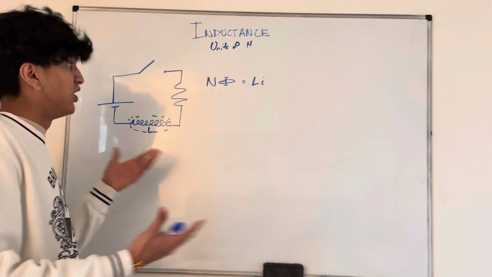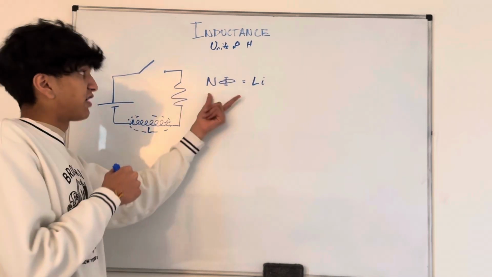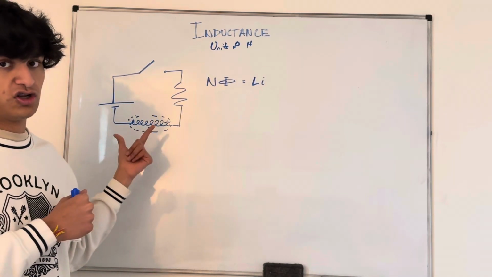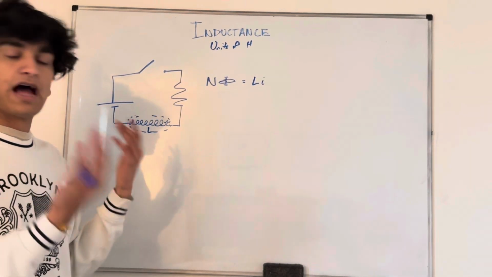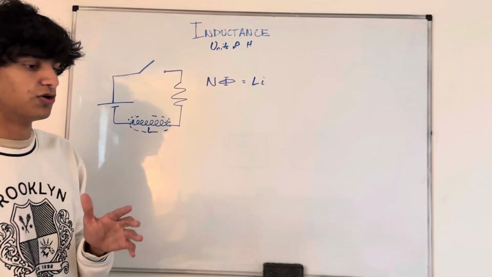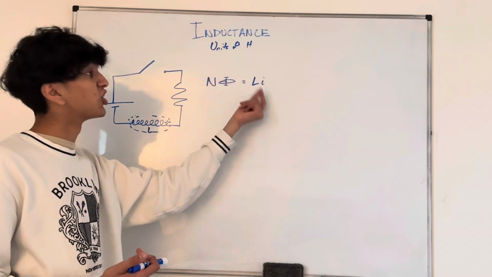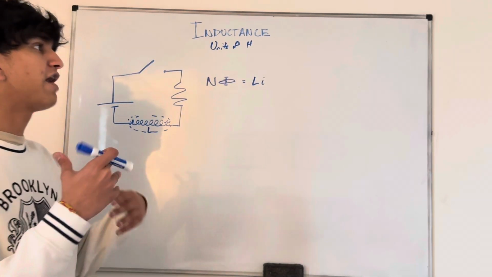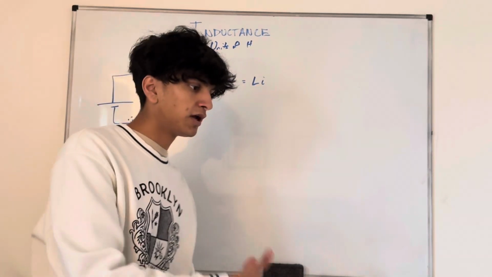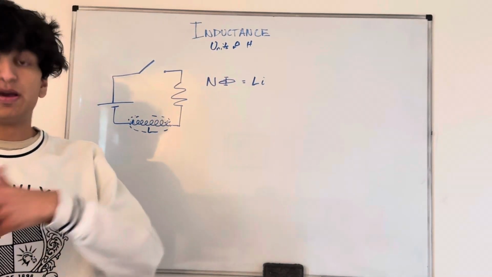In the last video I made, I basically said that the amount of magnetic flux going through a certain solenoid, or we'll deal with a solenoid right now, the amount of magnetic flux going through a coil will be proportional to the amount of current you get. If you have more current, you get more magnetic field, because magnetic field depends on current.